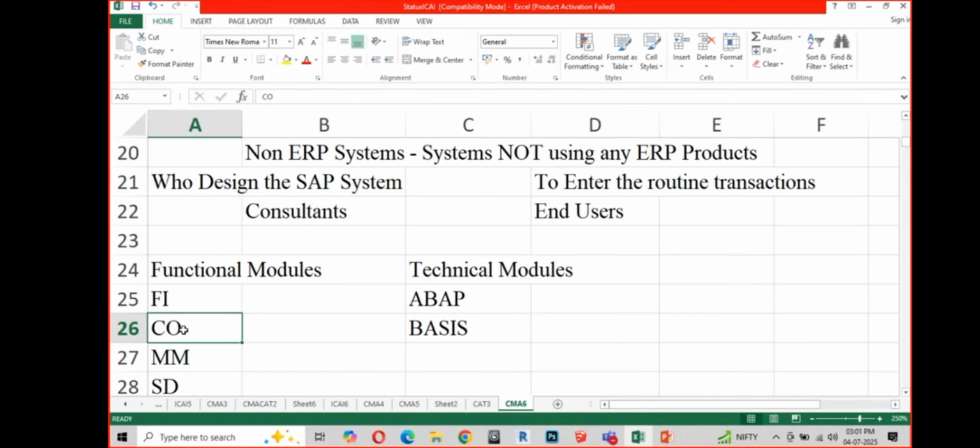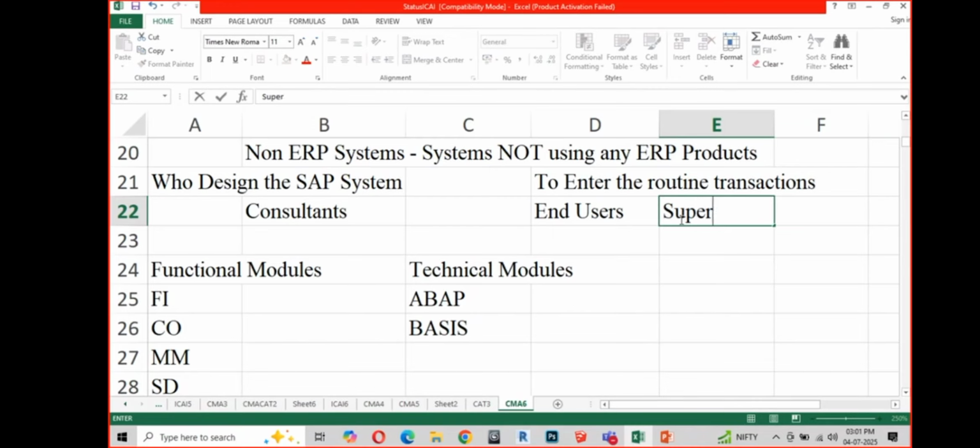They are also end users only. The only difference is, if I'm a clerk, I'm entering only the invoices, I'm an end user. Tomorrow I become a supervisor, tomorrow I become a manager. So what happens? My authorizations, or my access to the SAP system, increases. So I may be classified as a super user.